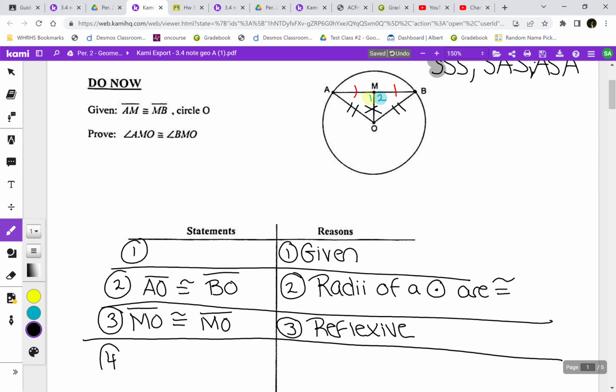So now I can go ahead and say triangle AMO is congruent to triangle BMO. What's the reason for this? Side, side, side.